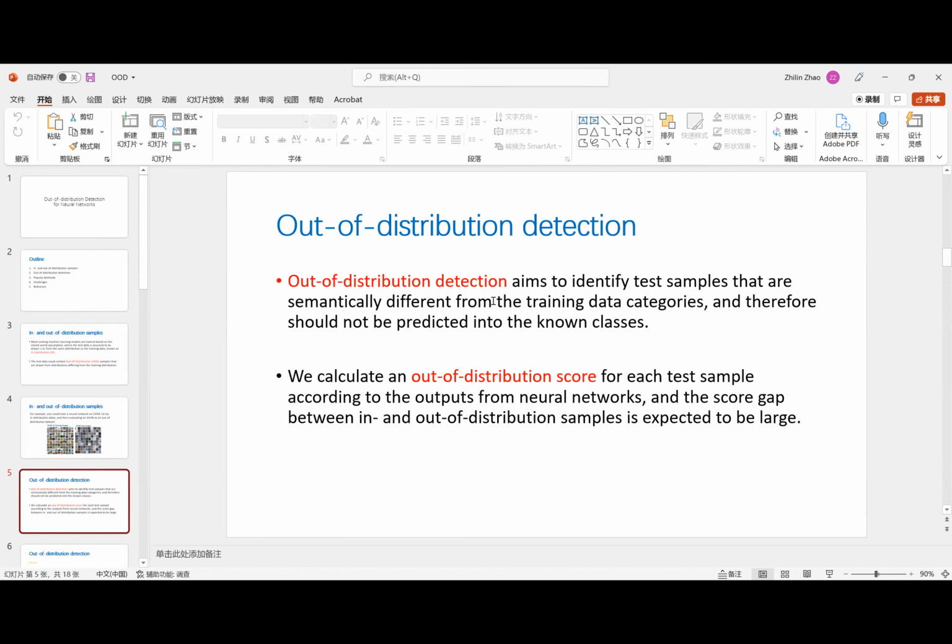In practice, in the out-of-distribution detection task, we calculate an out-of-distribution score for each test sample and distinguish the in-distribution and out-of-distribution samples according to the scores. And we expect that the scores of the in-distribution and out-of-distribution samples differ enough so that we can distinguish the two kinds of samples.